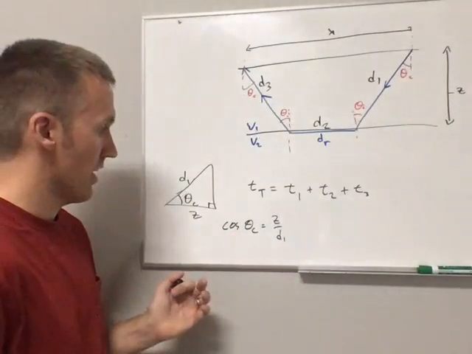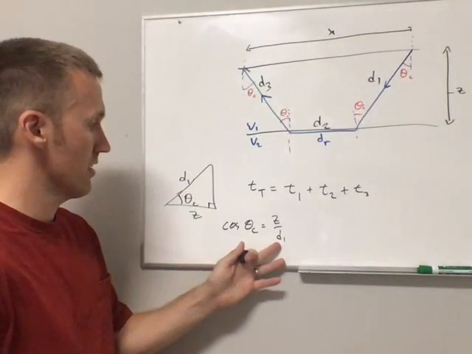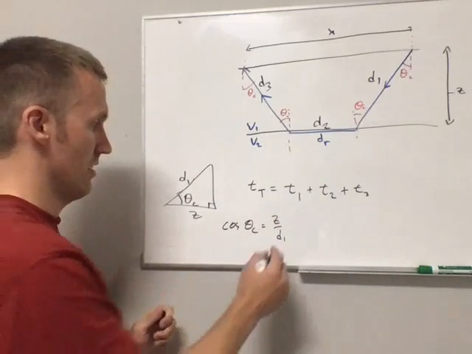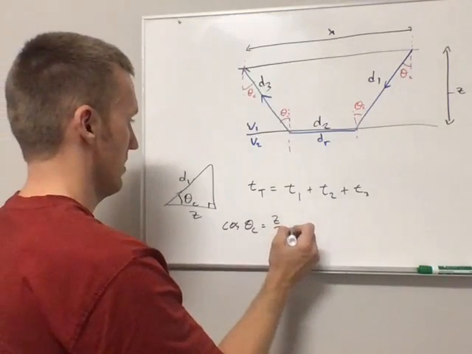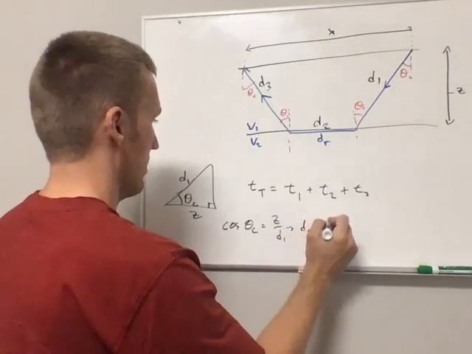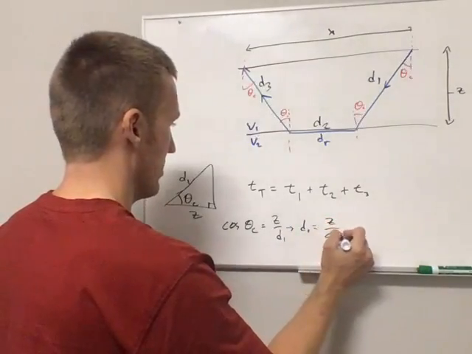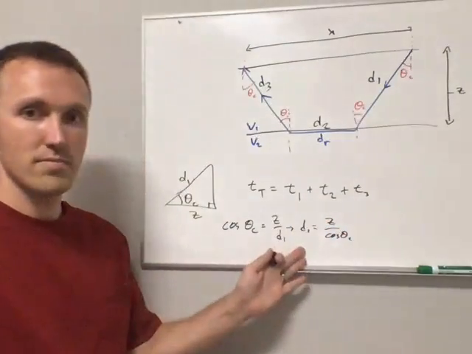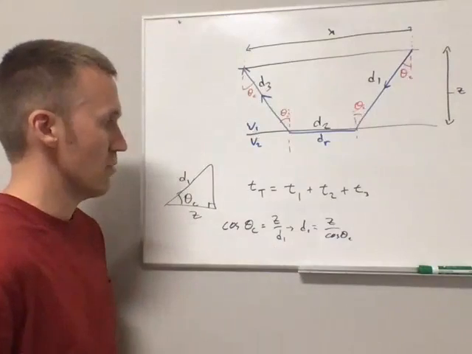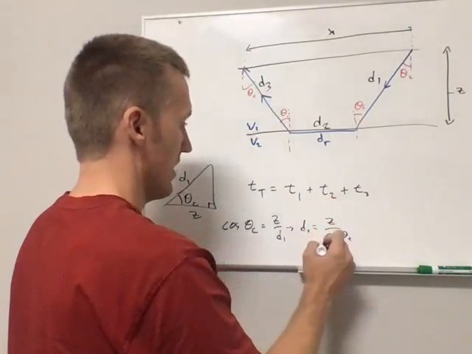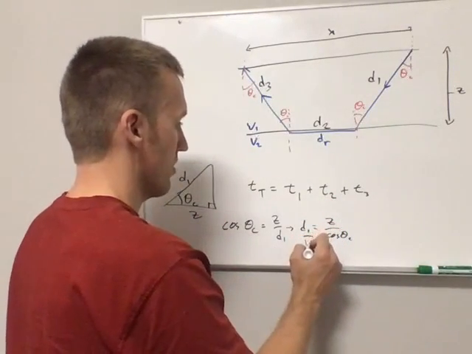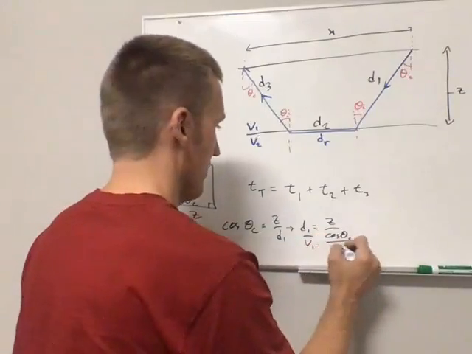And what we want is the distance, d1. So d1 equals z over cosine theta c. All right, that makes sense. So that's d1.